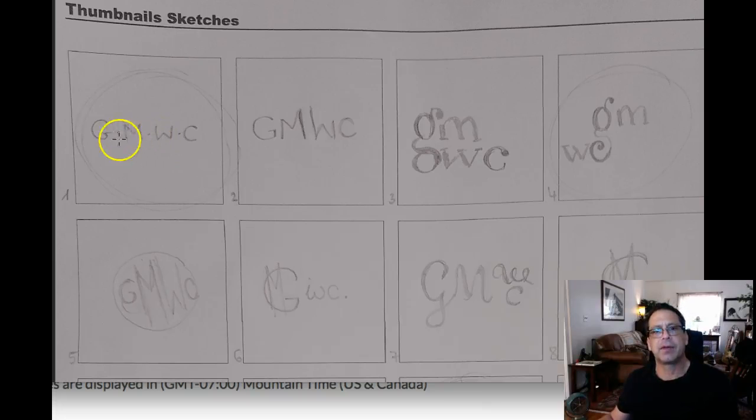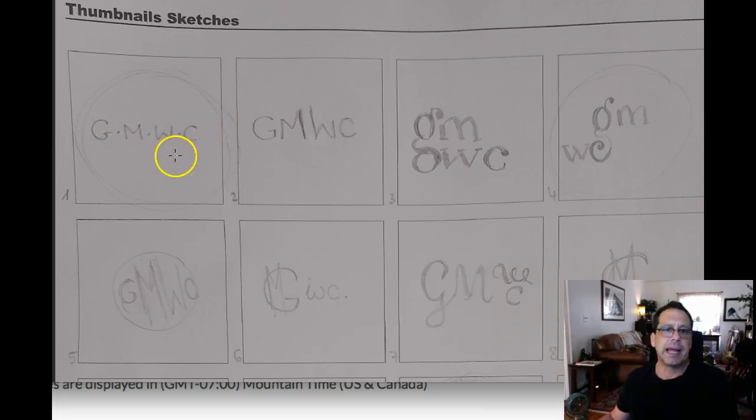However, I think that it would be interesting if you were to connect the words George Mason and Wellness Center together in terms of grouping them by association, meaning that the G and the M are associated because they're the name of the person who's on the company, and the W and C because it's a wellness center.